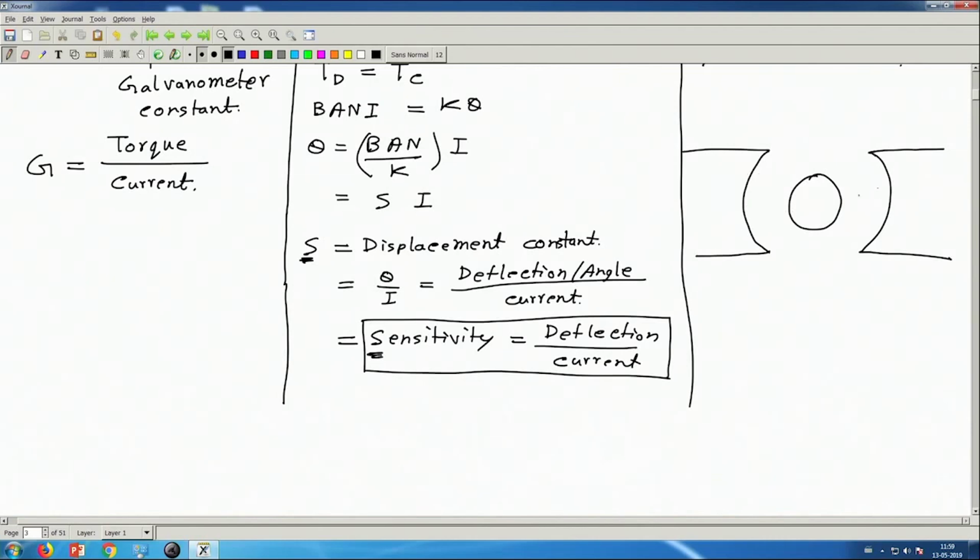So, more flux will pass through from the north to the south pole. So, more flux can now pass like this. If we did not have this core, then the flux density would have been lower. So, the core increases flux density, B.